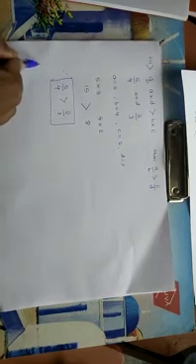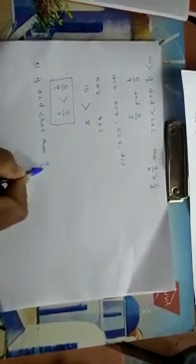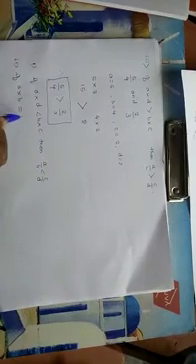Again, to recap. First, if a into d is less than b into c, then a upon b is less than c upon d. Second rule, if a into d is equal to b into c, then a upon b is equal to c upon d.